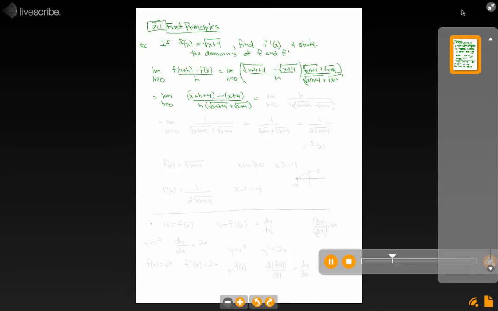The denominator looks awful, but the numerator looks quite nice if you go one step further and realize that x minus x is 0, 4 minus 4 is 0, and all I have left here is an h.